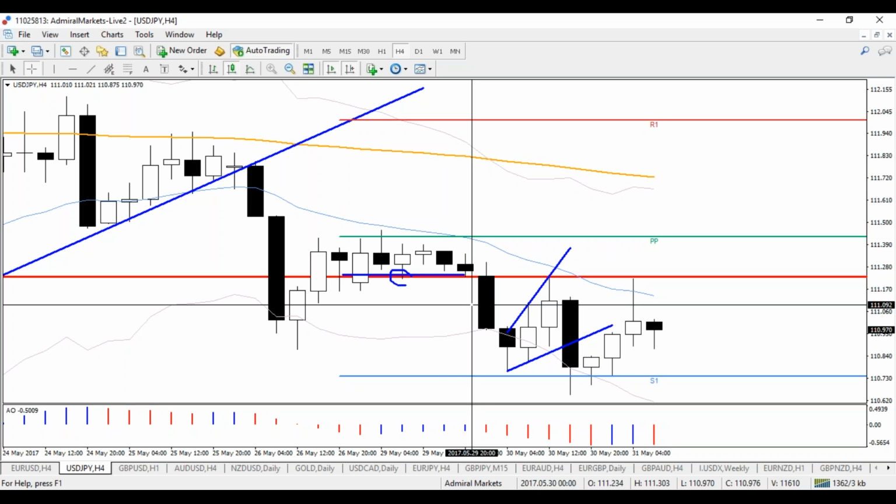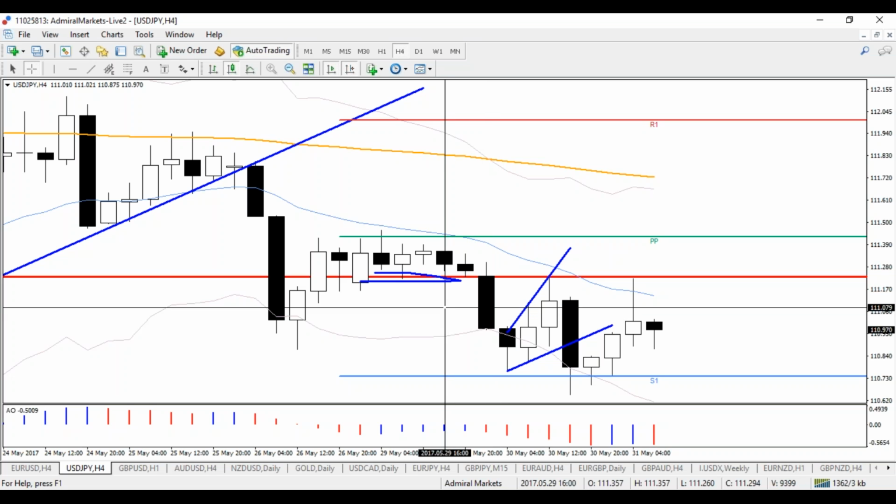Maybe compared to these bottoms it's a pretty strong candle, I agree with that. But compared to support levels, maybe not ideal. Three levels that are pretty close by. So from that point of view, maybe not the best.